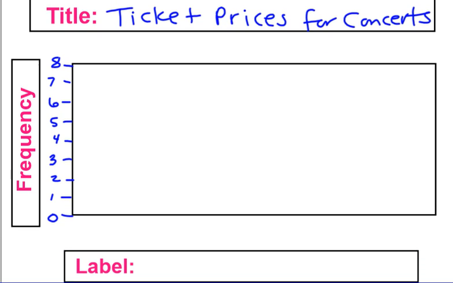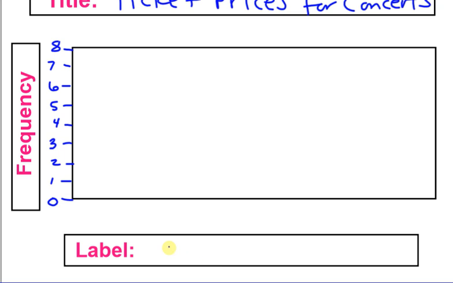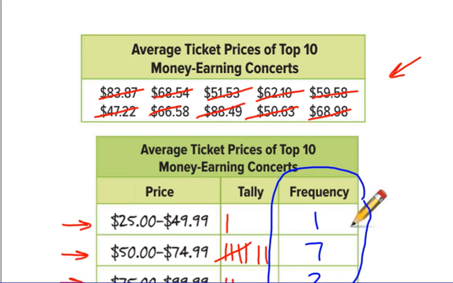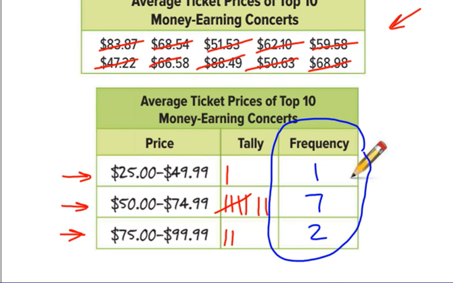Now we have to look at the bottom. So the bottom is going to be our intervals. And I'll explain what those are. So if we look back at our chart again, our intervals are going to be this information right here. How did we tally that information? Well, we tallied it by $25 to $49.99, $50 to $74.99, and $75 to $99.99.